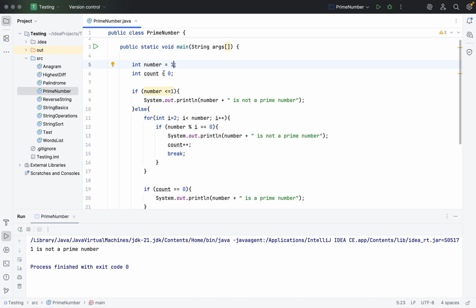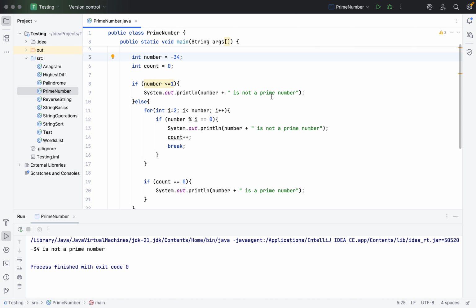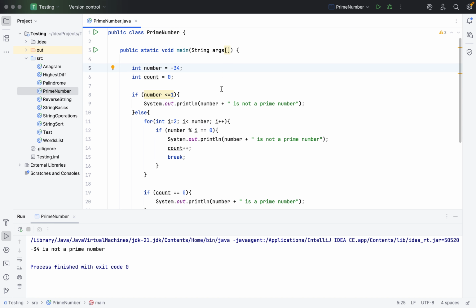Not a prime number. Let's look at a negative number. Okay, so this is working as expected. This is the simple method to find whether the number is prime or not.